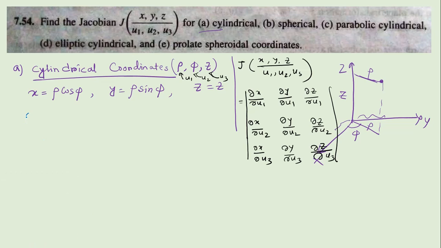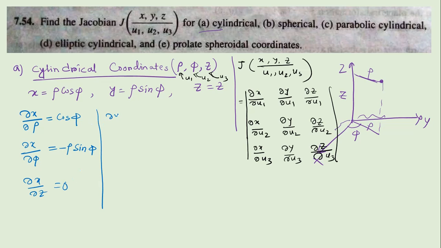What is the value of del x del rho? That is cos phi. Del x del phi is minus rho sin phi, and del x del z is 0.